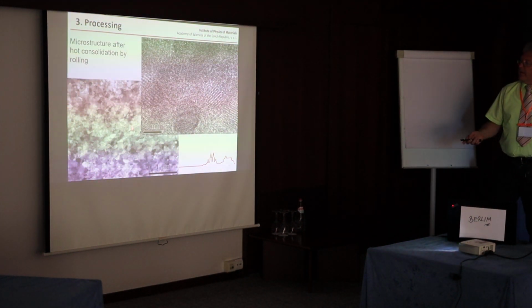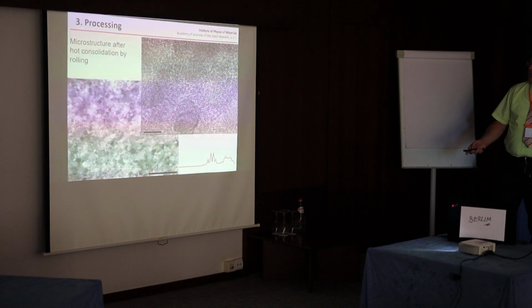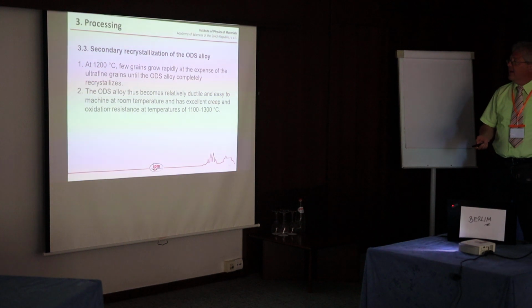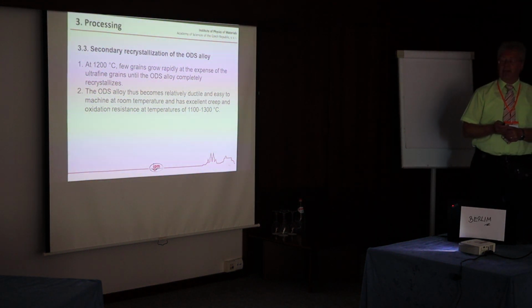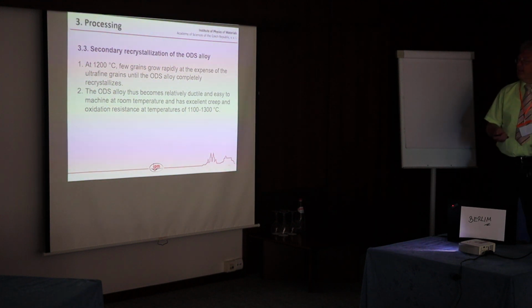Here you can see the microstructure after rolling, so very small grain structure. And here you can see on the transmission electron microscopy the yttrium oxide particles. So then the third step of the processing is the secondary recrystallization.